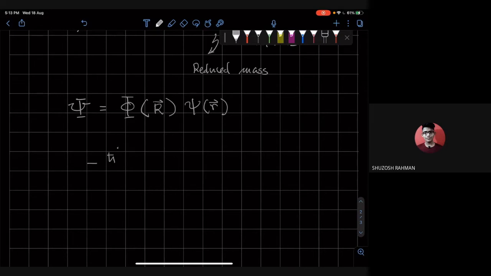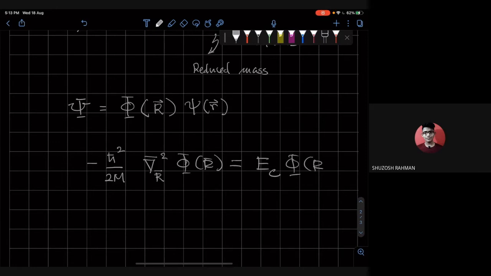One is minus h squared by 2 big M del squared of r, big R, and then phi of r is equal to E_C phi of r. This is equation number one.